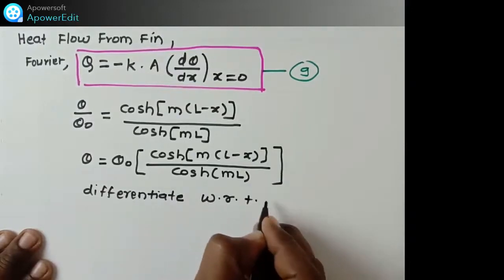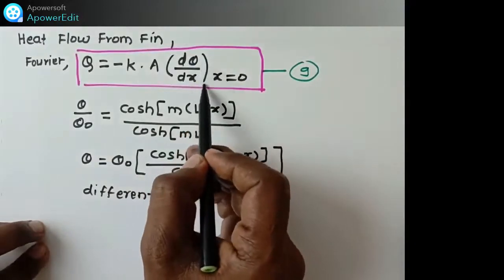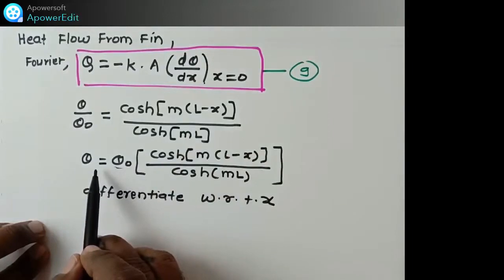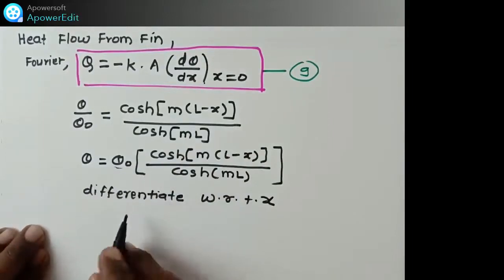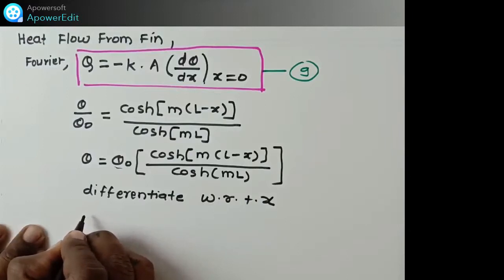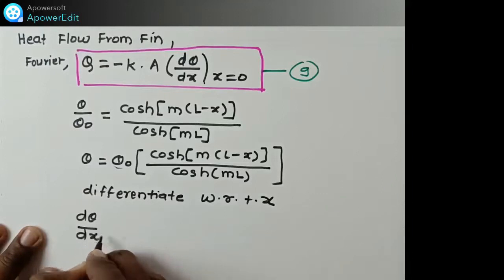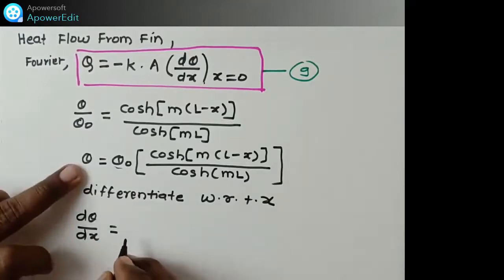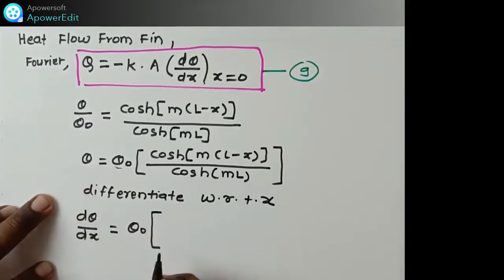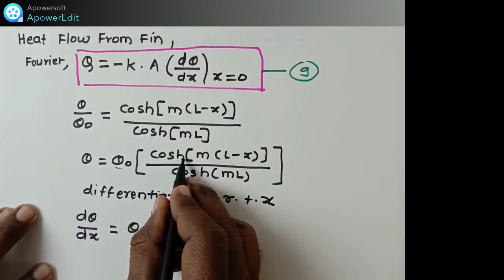With respect to x. Why? Because we have to obtain d theta by dx. For this we can differentiate this equation with respect to x. So on differentiation, d theta by dx is equal to theta 0 as it is. Now cos differentiation will be what?